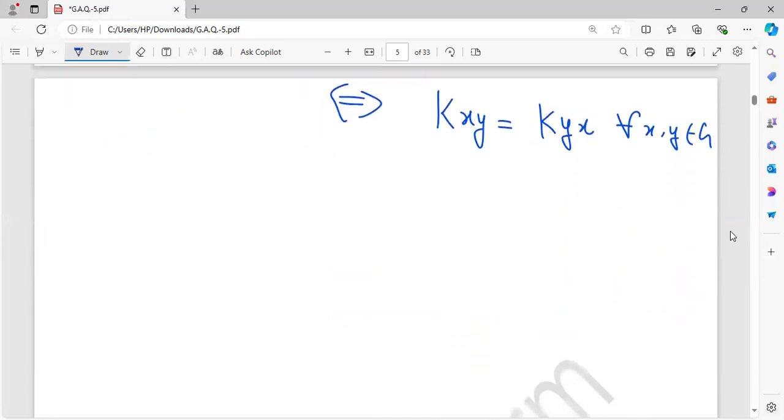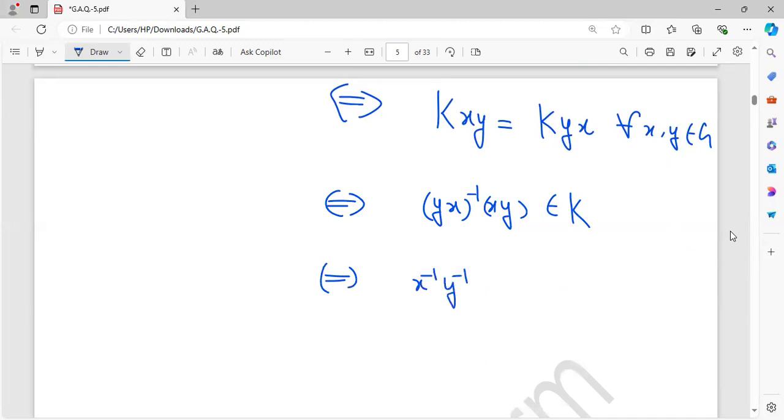This will happen if and only if y x inverse... x y belongs to K. It means that x inverse y inverse x y belongs to K for all x, y belongs to G.